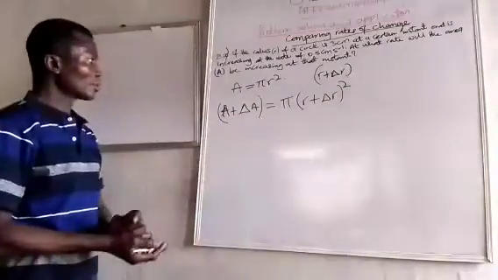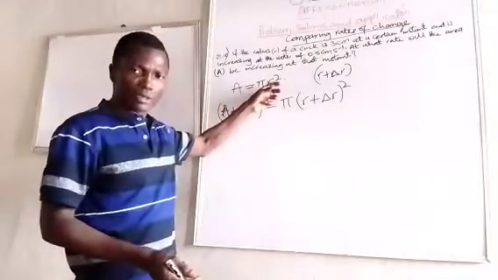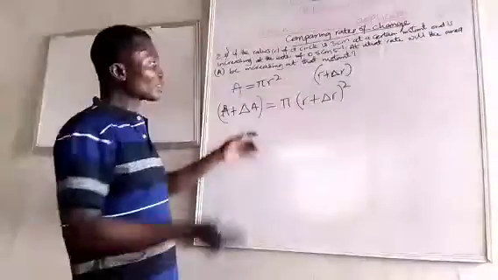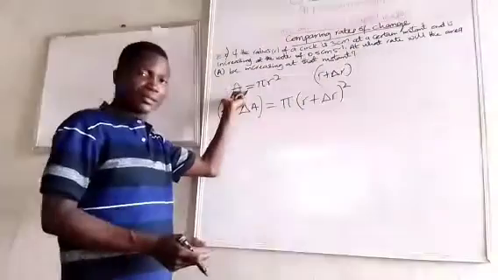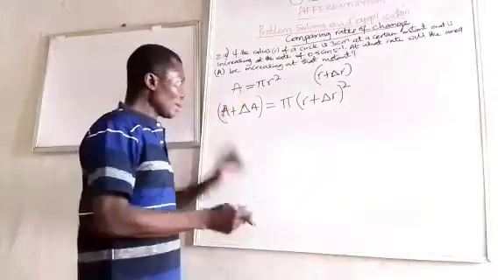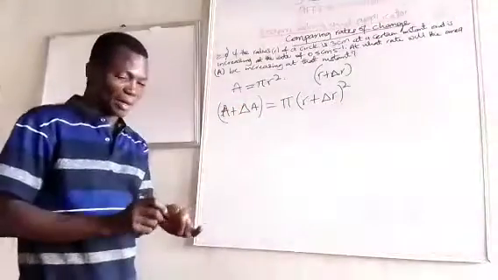So which means that if any change occurs in this one, change will occur in this one. That is what we are talking about. Sometimes it might be two entities, it might be three. That will cause the final total change in this one. Now, since we have known what the question is talking about, let's work it out.